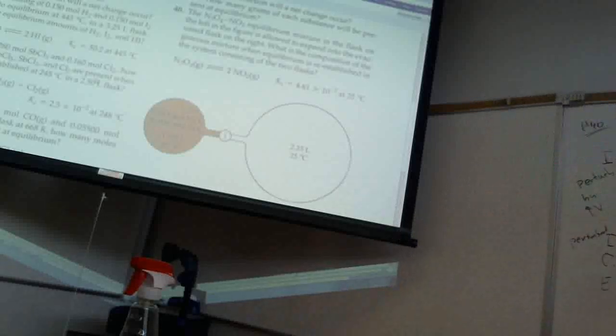To figure out what x is, we just plug it into the K equation up here, and so we get (0.01933 plus 2x) squared divided by (0.3236 minus x). And then solve it.